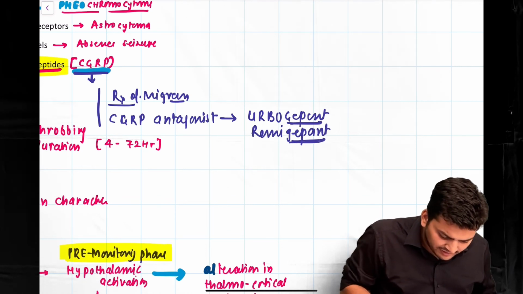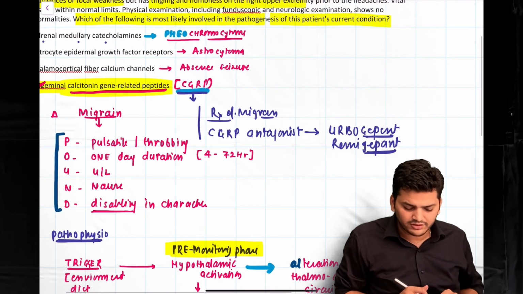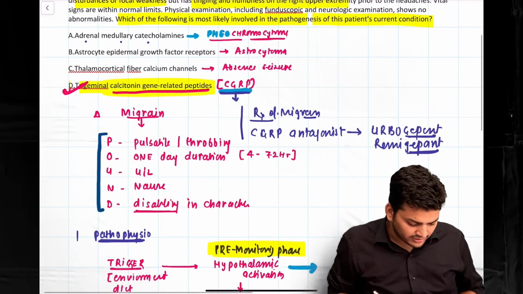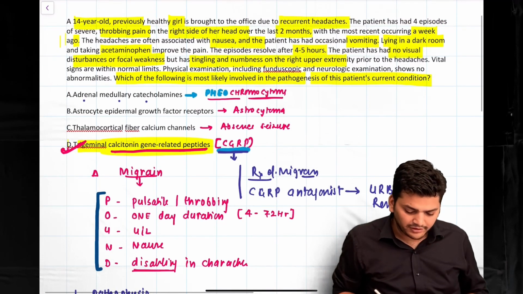So the answer to this question is trigeminal calcitonin gene related peptide. Thank you.